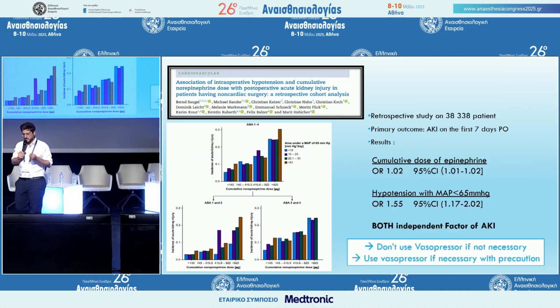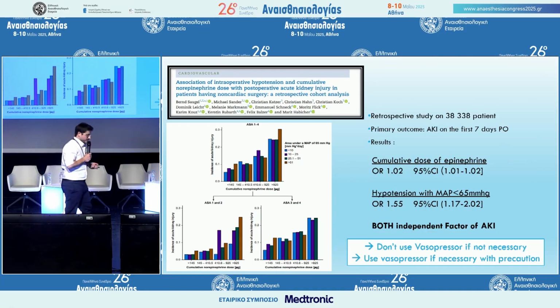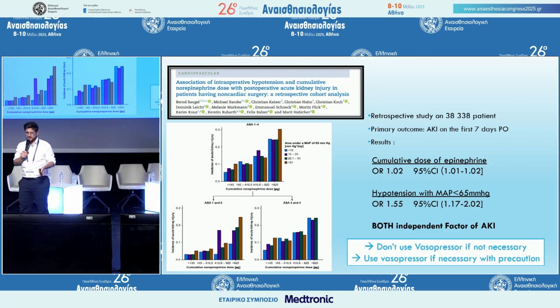And the third study, from this year too, BJA. We can see now, it's a logical thing, we did know that, but this is evidence-based medicine. A 40,000 patient retrospective study, and they found that hypotension and cumulative dose of epinephrine are an independent factor of acute kidney injury.